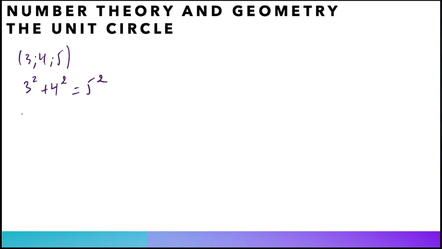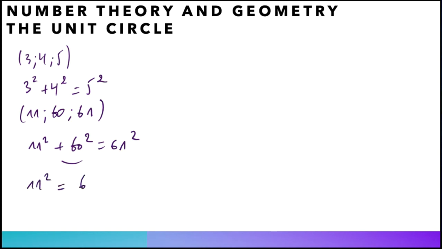Another example is given by 11, 60, and 61, and we can actually check that 11 squared plus 60 squared equals 61 squared. We can verify that this holds by straight calculations, but there is another tricky way, which consists in saying that this equality is equivalent to this one: 11 squared equals 61 squared minus 60 squared.